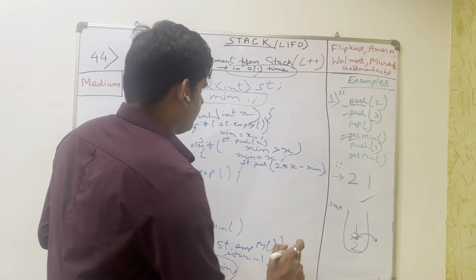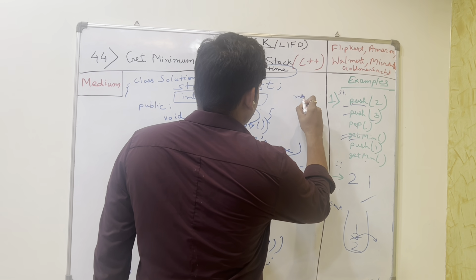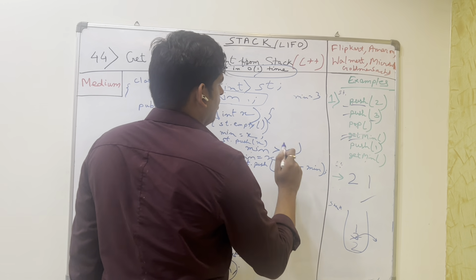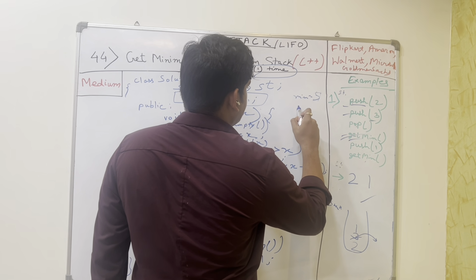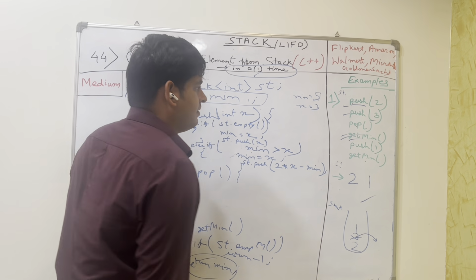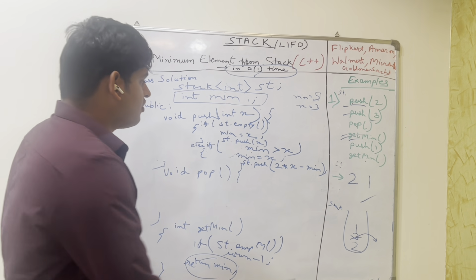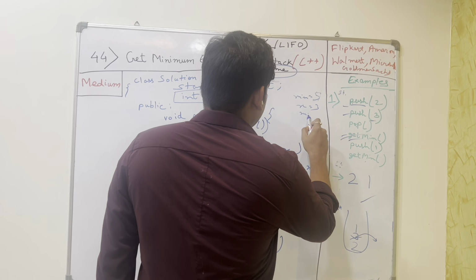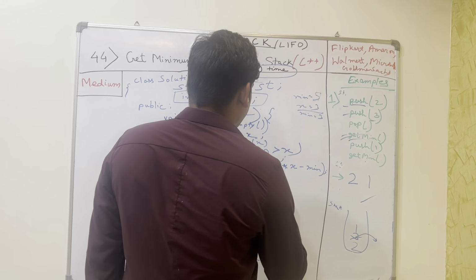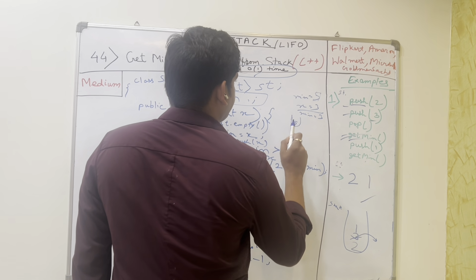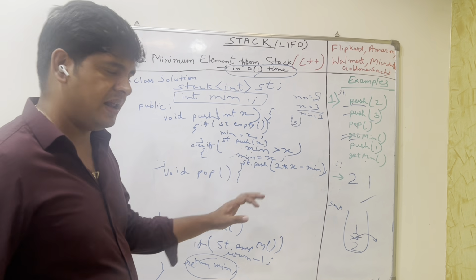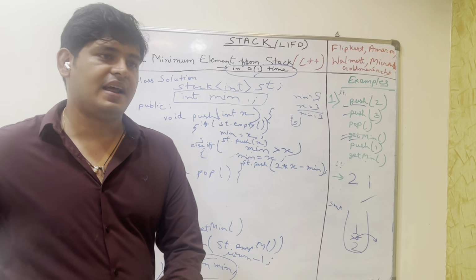Okay, let's take another example. So minimum is say 3. Say 5, and now the next element that has been inserted is x, which is 3. So I make the min as 3. But what do I push in the stack? The stack has 5, and it could be some other element, 7, 8, 9, greater than 5.